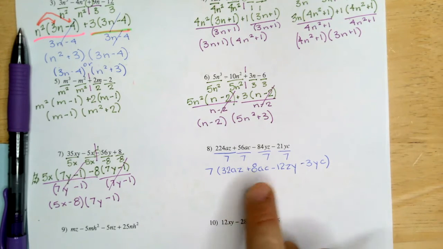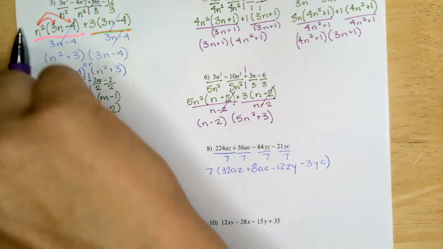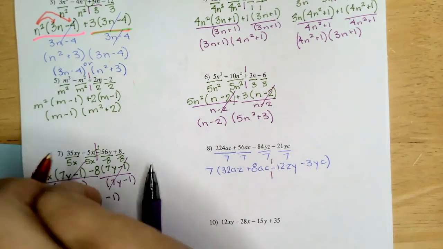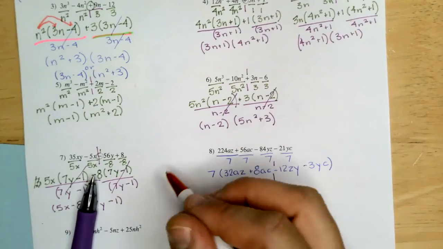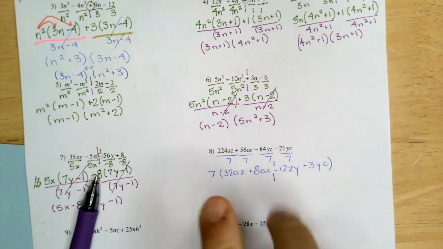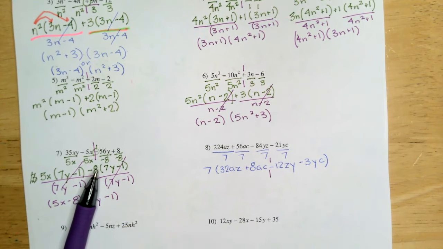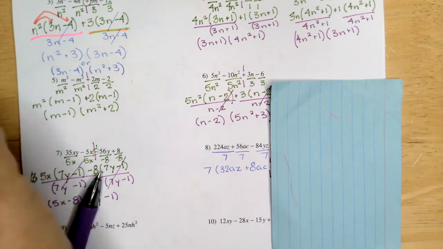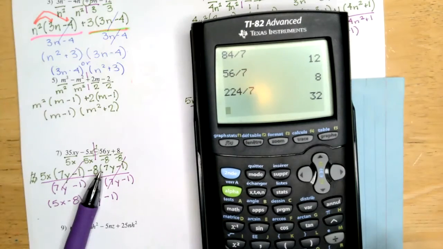Now this is more manageable, right? Now I can divide these into 2. Basically what you're going to do with that 7 is you're just going to put it out in front every time you bring things down, okay? So ignoring now the 7, we have a 32AZ and an 8AC. 32, can I divide it by 4?